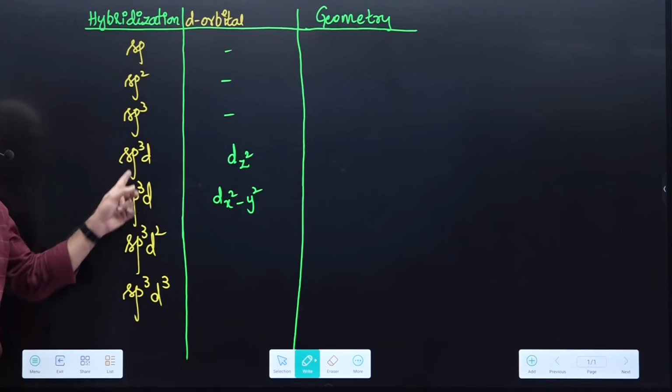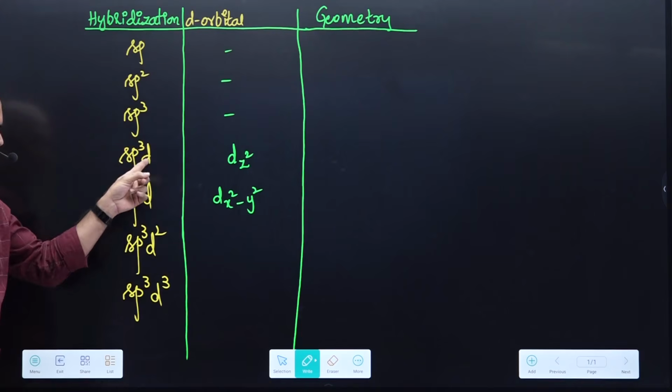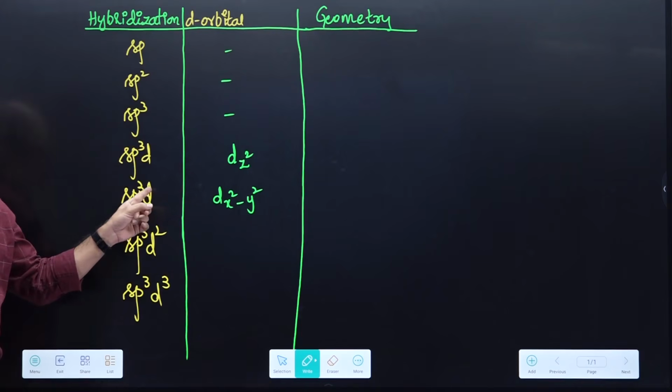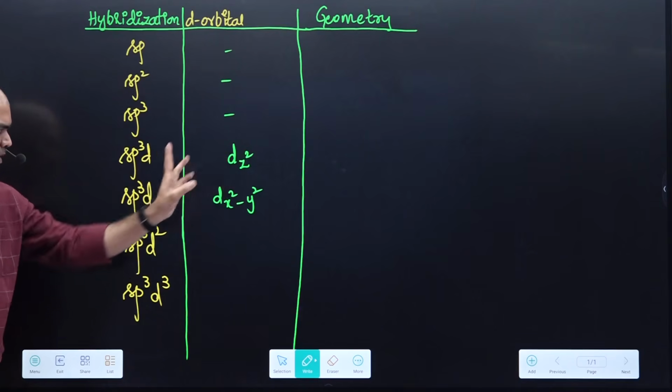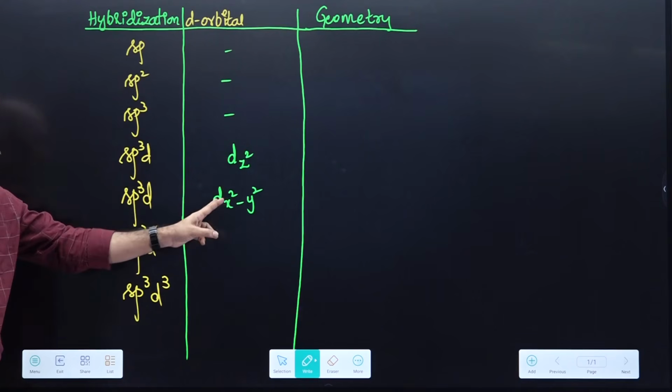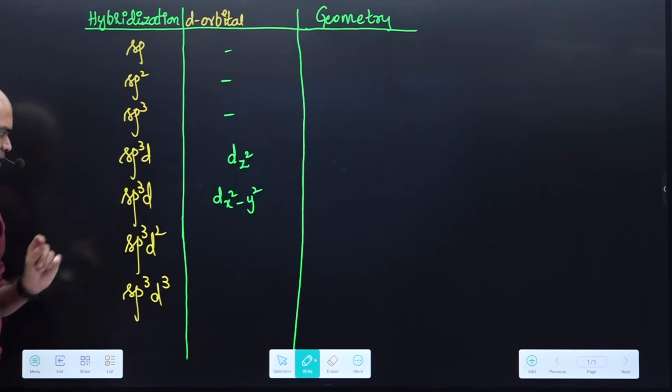Hybridization is the same, sp3d, or you may call it dsp3 also. Whether inner or outer d orbital is participating, based on that it could be dsp3 also. But if the d orbital is dz square, one geometry. If the d orbital is dx square minus y square, another geometry. Hybridization is the same, sp3d.